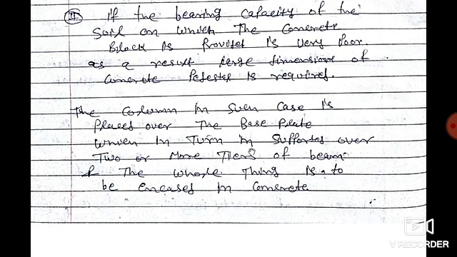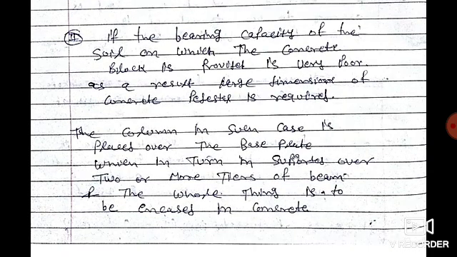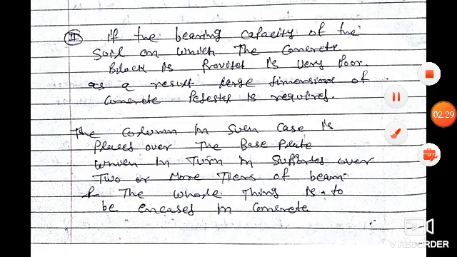The column is placed over the base plate, which in turn is supported over two or more tiers of beams, and is used in the cases of concrete. The column is exactly on the base plate, and below the base plate the concrete pedestal is kept, with the tiers of beams.